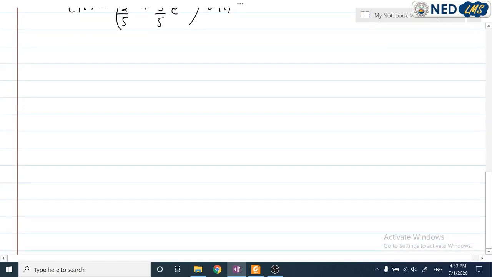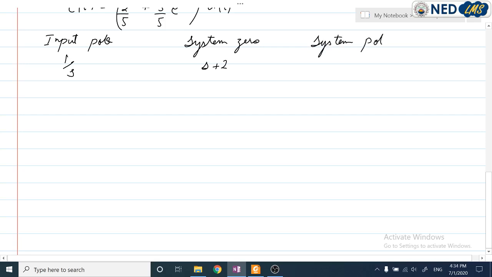Now we know that our input pole is 1 over s, and the system zero is s plus 2, and the system pole is 1 upon s plus 5.